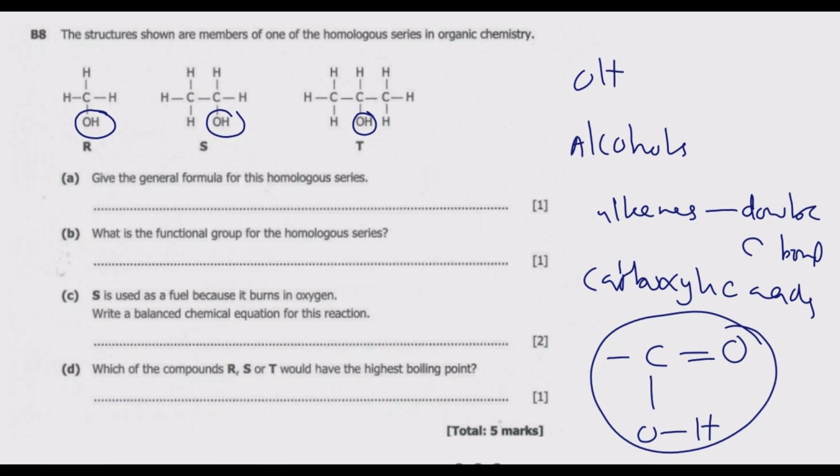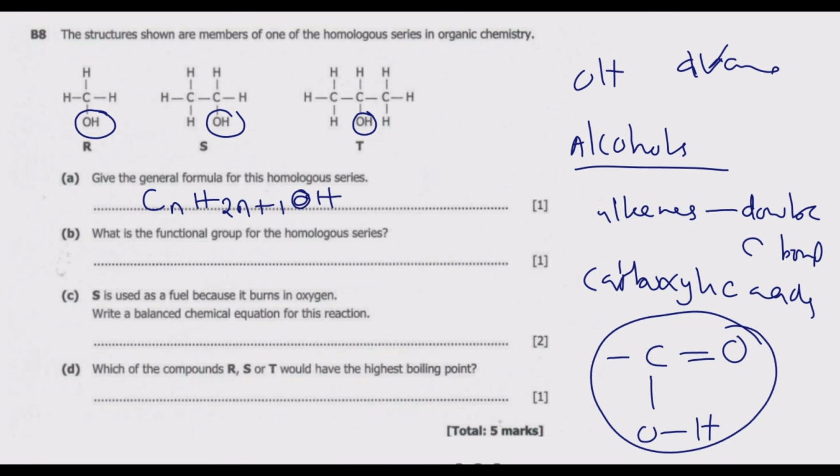Having identified it to be the alcohols, the general formula is CnH, then the alkane general formula, which is 2n plus 2. Now this 2, you subtract 1, so it becomes 1, then the hydroxyl. So this is the general formula.